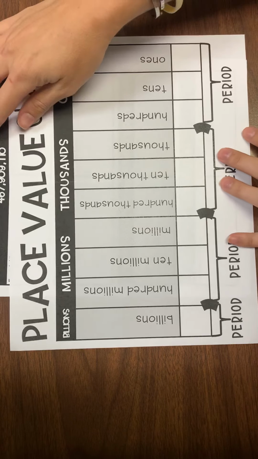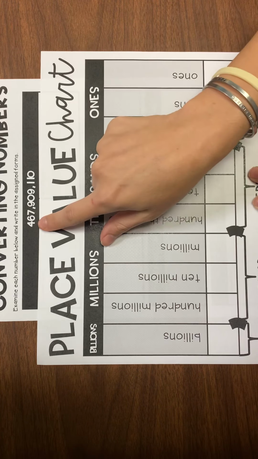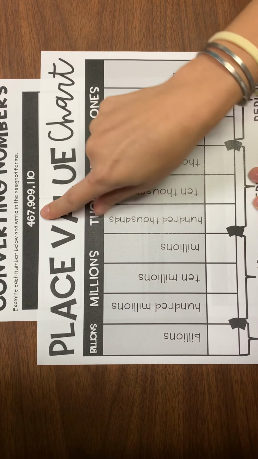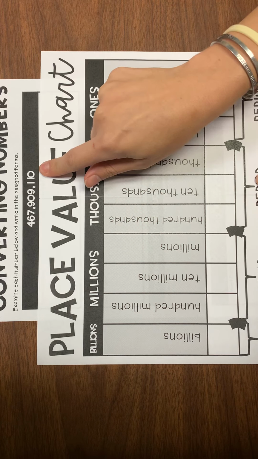So first, we're going to look at our first number that we have up here. If we read that out loud, it would be 467,909,110.